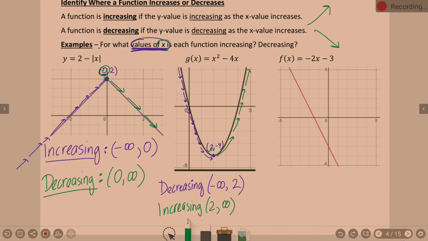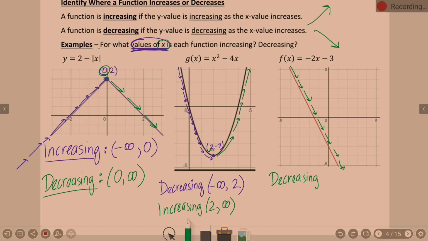What about this last graph? What do I start doing? As I start at the left, where are we going? Down. We're going down. What do we know about this graph? It doesn't go back up, so it is always decreasing, yes? Always, always, always decreasing. Now, think with me. When did it start decreasing?